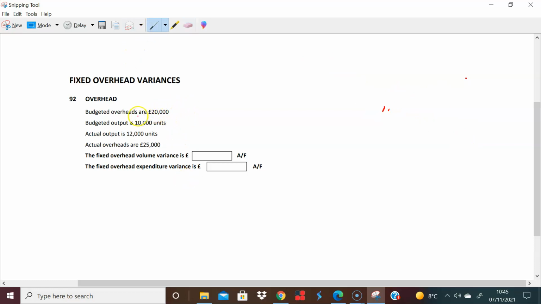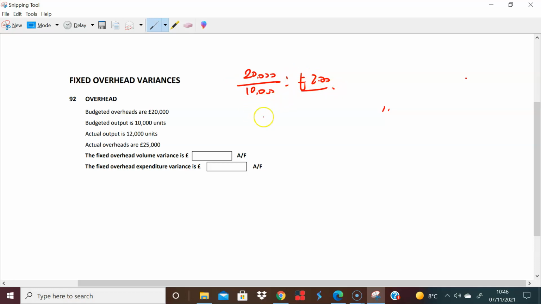So we have here that budgeted overheads are 20,000, and the budgeted output is 10,000 units. So the management accountant says, I wish to assign £2 to every unit.